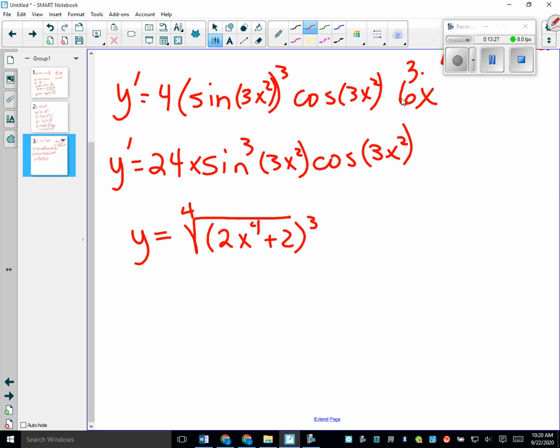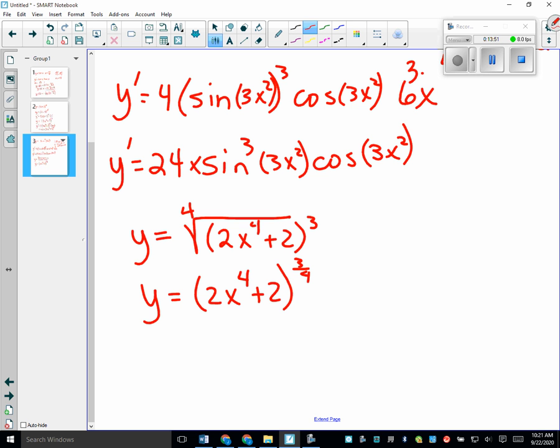No, it's outside of the thing. I can have a fourth root. Is this the same thing as what power? 1/4. Well, 3/4. Isn't it 3/4? Because of the 4 and the 3.